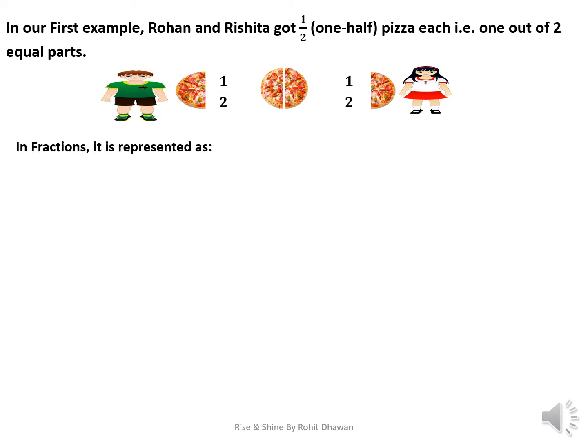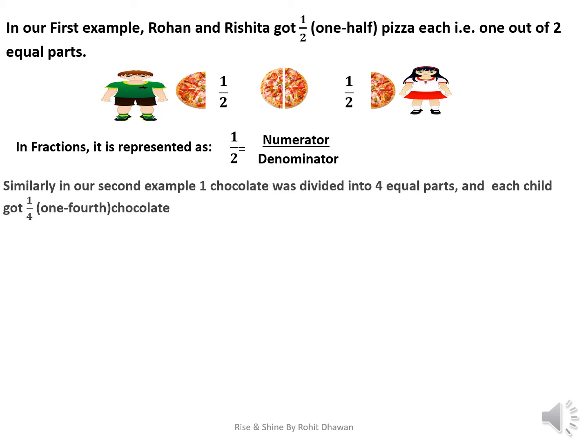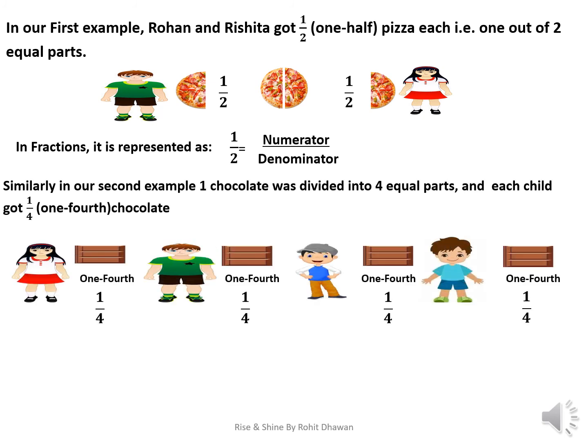In fractions, it is represented as 1 by 2, where 2 is known as the denominator, which shows that the pizza was divided into 2 equal parts. 1 here represents the numerator, which represents how much share each sibling got. Similarly, in our second example, 1 chocolate was divided into 4 equal parts, and each child got 1/4 share of the chocolate. In fractions, it is represented as 1 by 4.